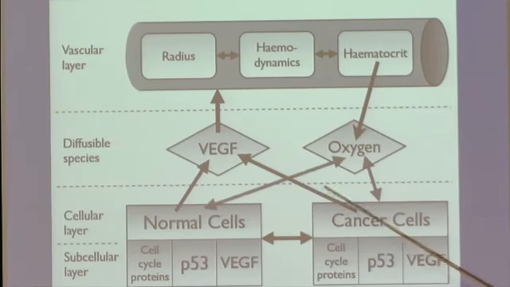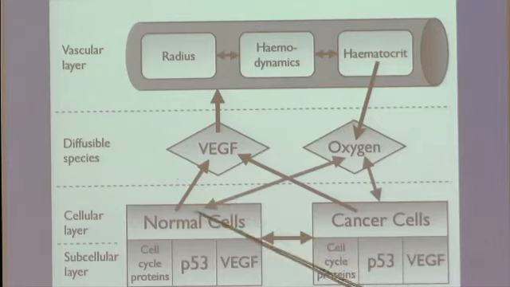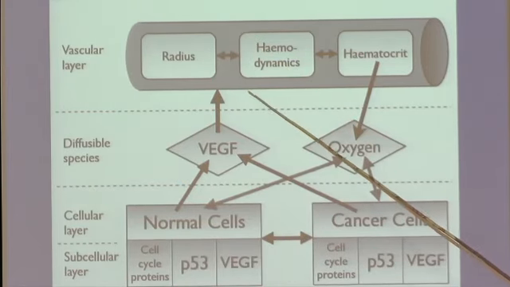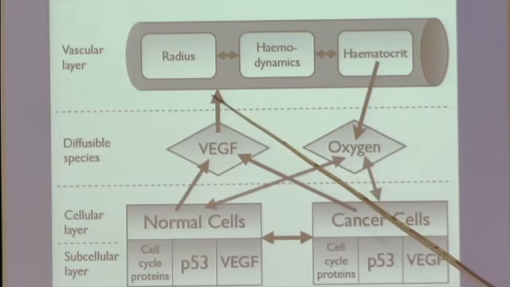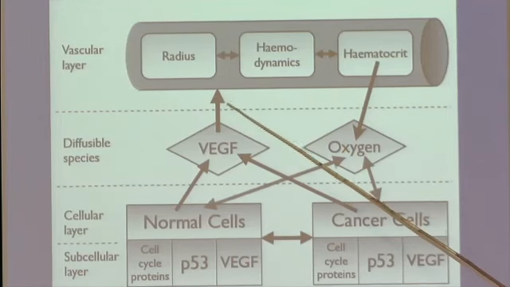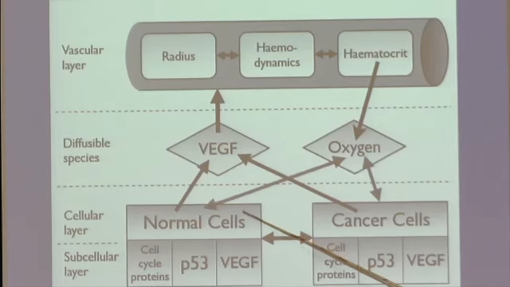VEGF diffuses into the surrounding medium. It does two things. It causes these blood vessels to widen, and it causes the process of angiogenesis. That's the process by which cells on the blood vessel break up and start to migrate towards the tumor and form more blood vessels.